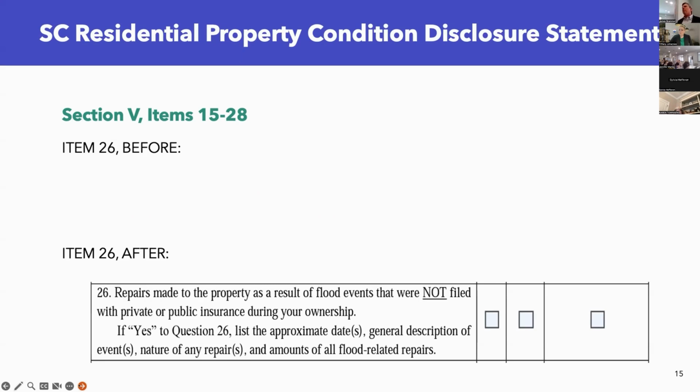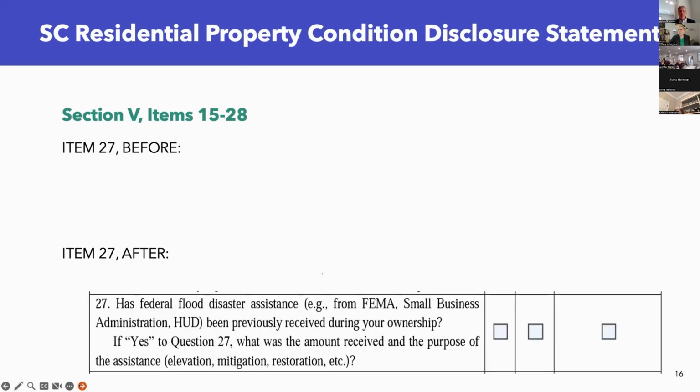Somehow, somewhere, people got wise to the fact that the seller disclosure asked them to talk about flood insurance. I'll outsmart those people. I just won't make any claims. So now we have to say, if we have made flood repairs, whether or not those were covered by flood insurance, we have to disclose it.